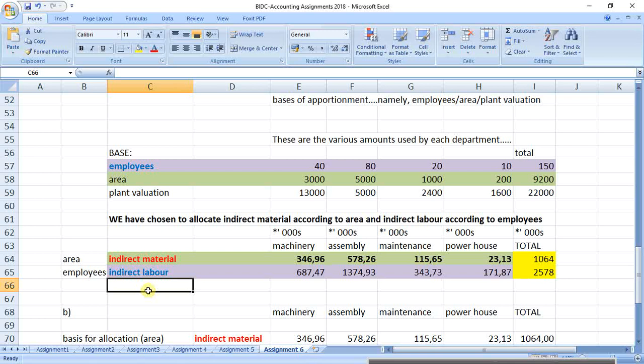How much have they allocated to indirect material? 298. How much have we allocated to indirect material, to machinery? 346. Okay, because we've used the area as the basis of the allocation.